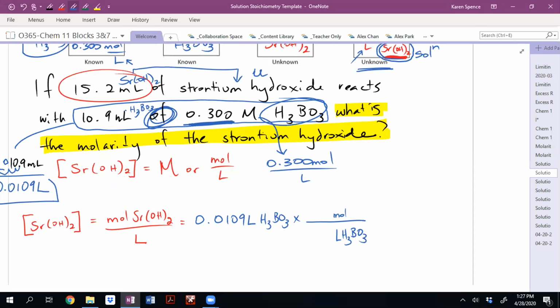Why don't we use the molarity, the 0.300? Oh, we are using the molarity though. We just haven't written it down yet. You could write it first. It wouldn't matter because we have 0.300 moles per liter. So that's going to be 0.300 moles of H3BO3 per 1 liter.